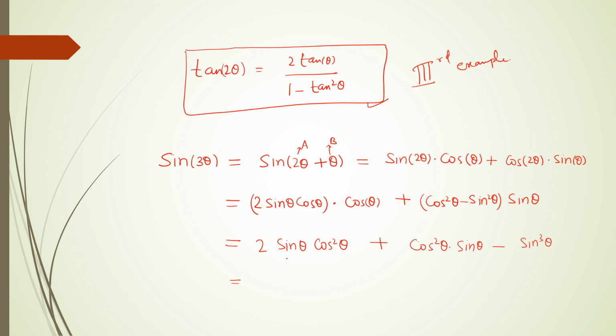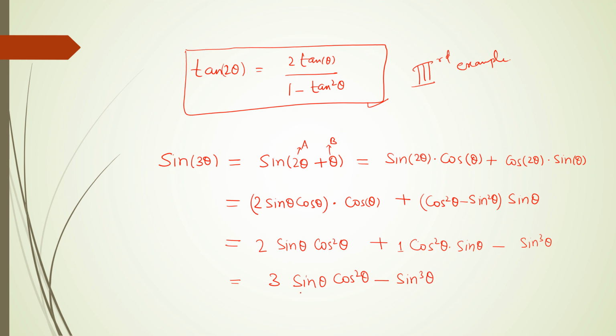Now what can we write here? 2 sin theta cos square theta plus 1 times sin theta cos square theta. We can say 3 times sin theta cos square theta minus sin cube theta.